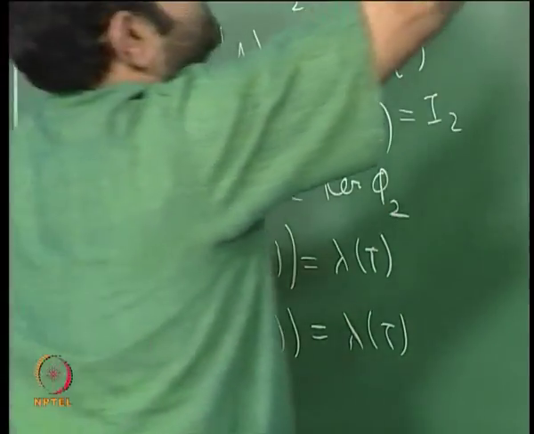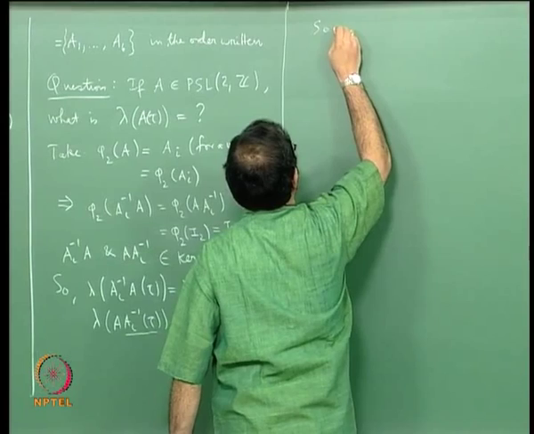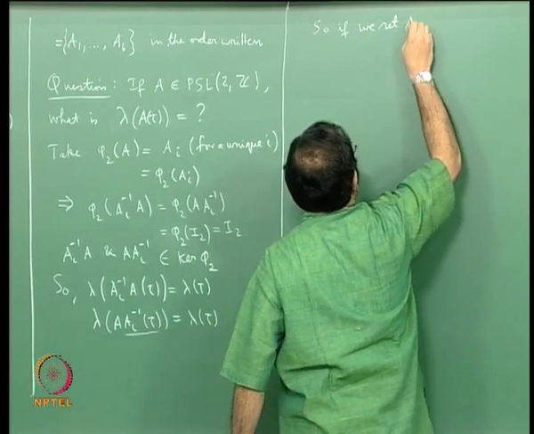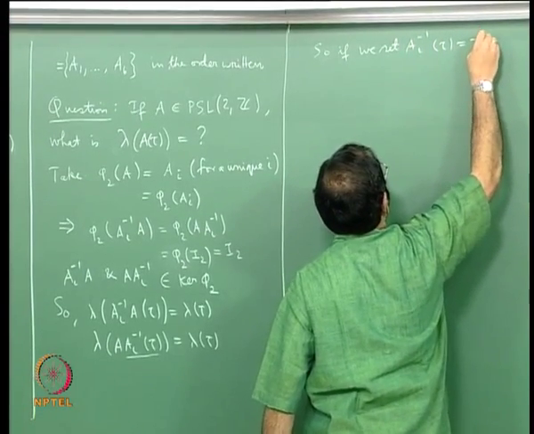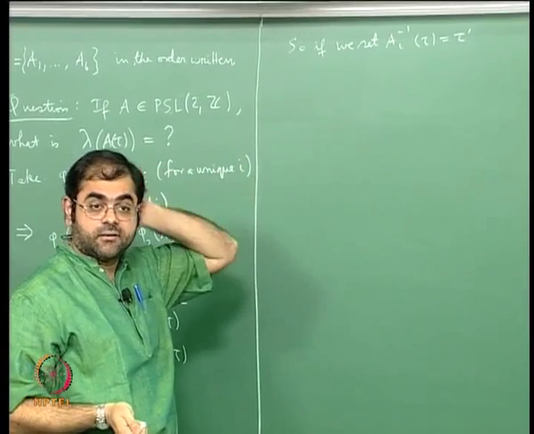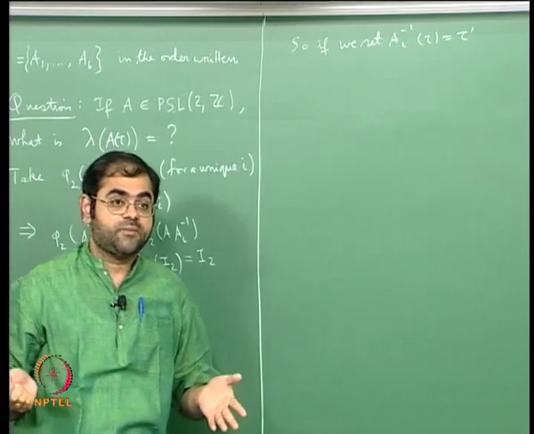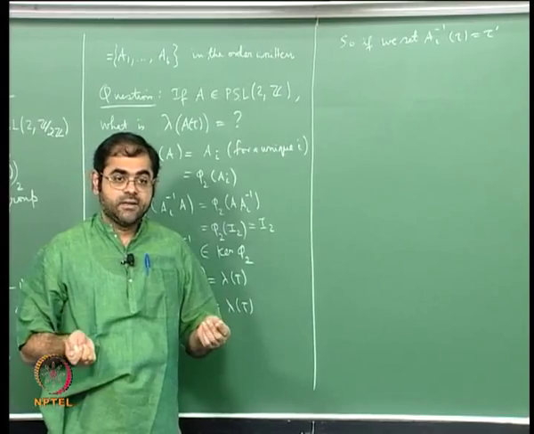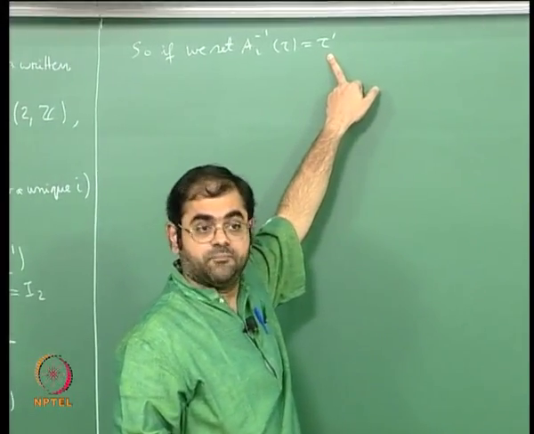So let us set AI inverse of tau as tau prime. Mind you, all these AIs are elements in PSL2Z, which is a subgroup of PSL2R, and these are certainly automorphisms of the upper half plane. So AI inverse of tau is also an element in the upper half plane.